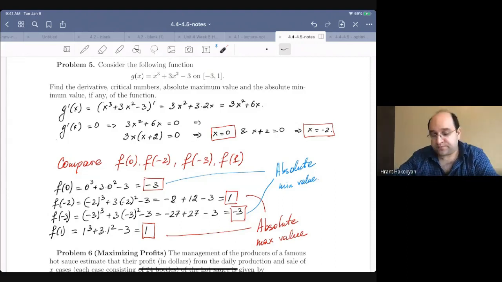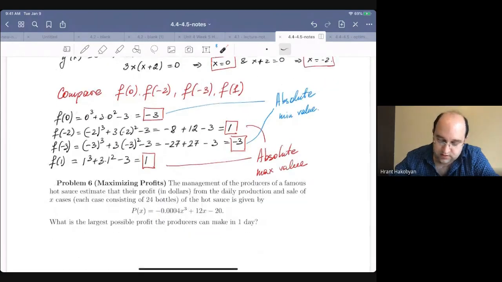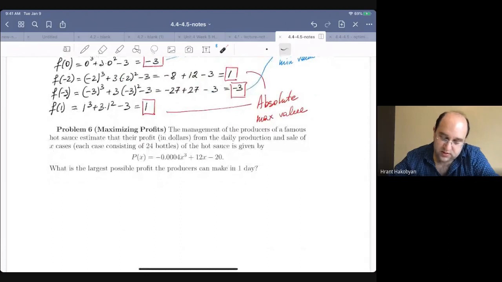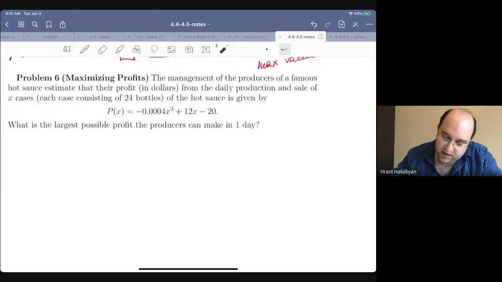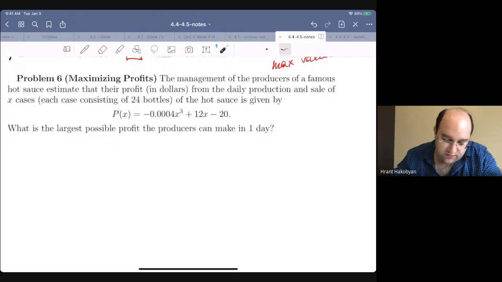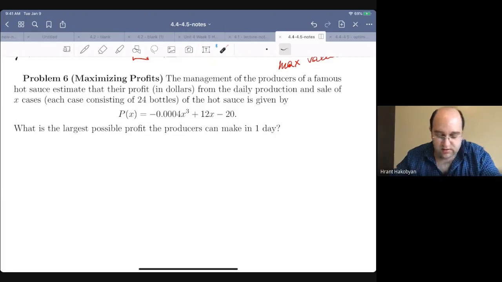Okay, so next, let's do some examples where we apply all these things. The next example is actually very simple. We have that the management of the producers of a famous hot sauce estimate that their profit in dollars from the daily production and sale of x cases is given by this function here.